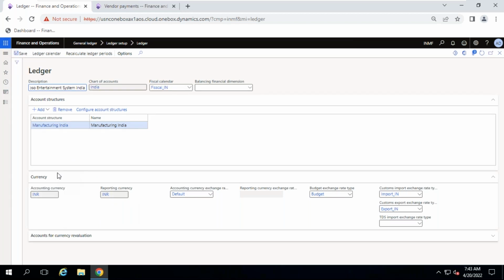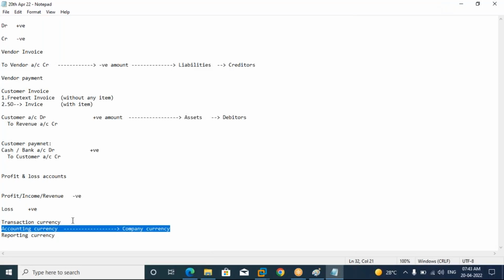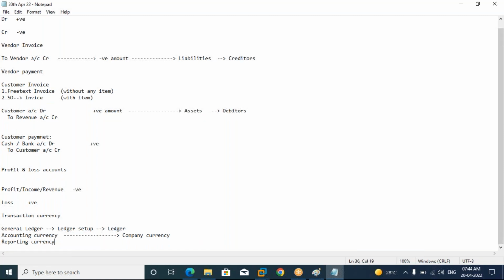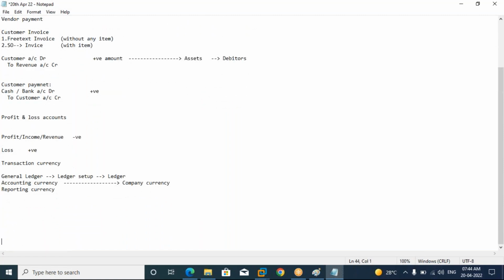So these currencies you need to define at the very first. Where is it available? This accounting currency and reporting currency are in general ledger, ledger setup, ledger form. While creating a new company, you are going to define what is your accounting currency, what is your reporting currency.